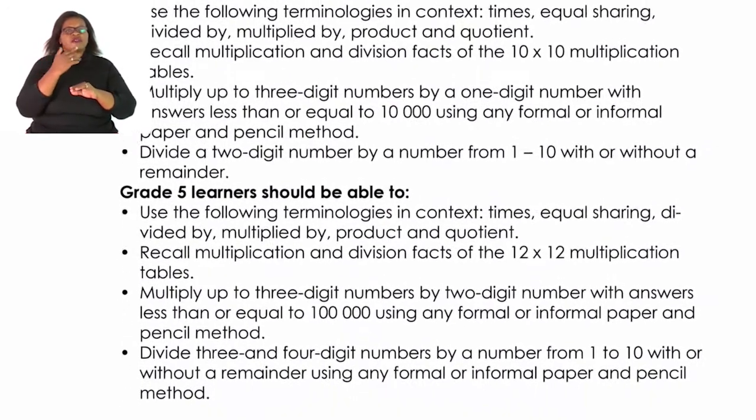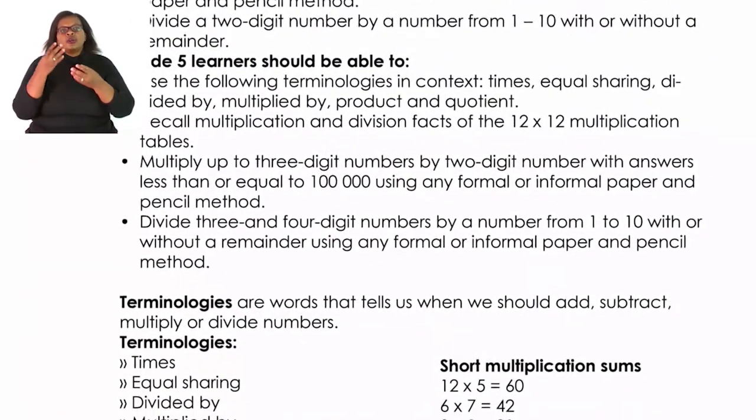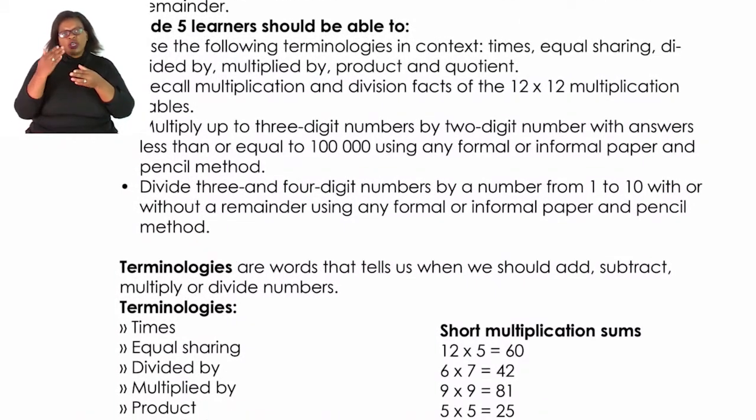The learner should be able to use the following terminology in context: times, equal sharing, divided by, multiplied by, product, and quotient. Second competency, the learner should recall multiplication and division facts of the 12 times 12 multiplication table.